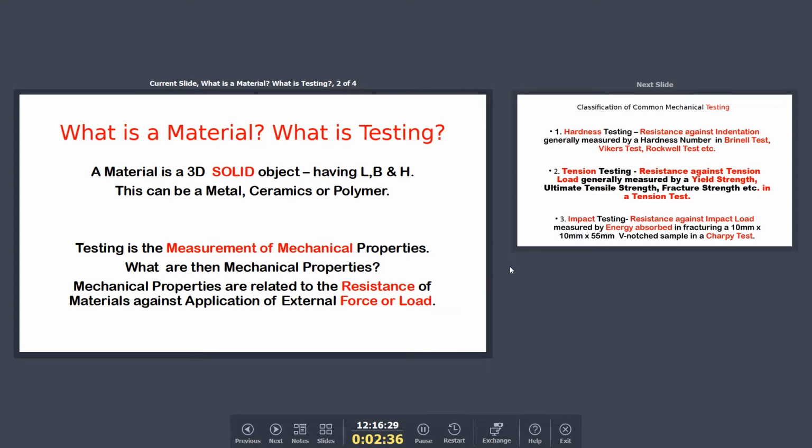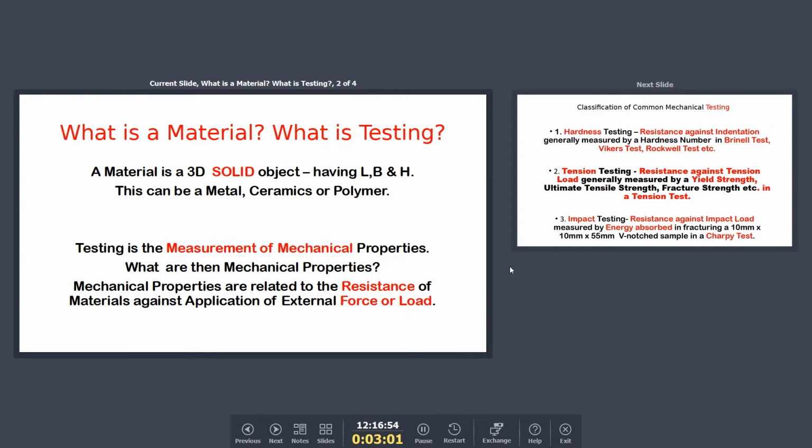What are the mechanical properties? Mechanical properties are related to the resistance of materials against application of external force or load. Because in every application, we use a force and load on a material.